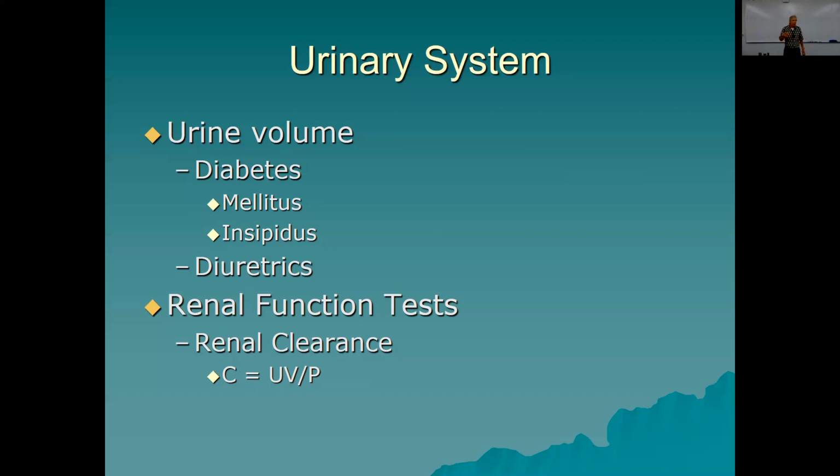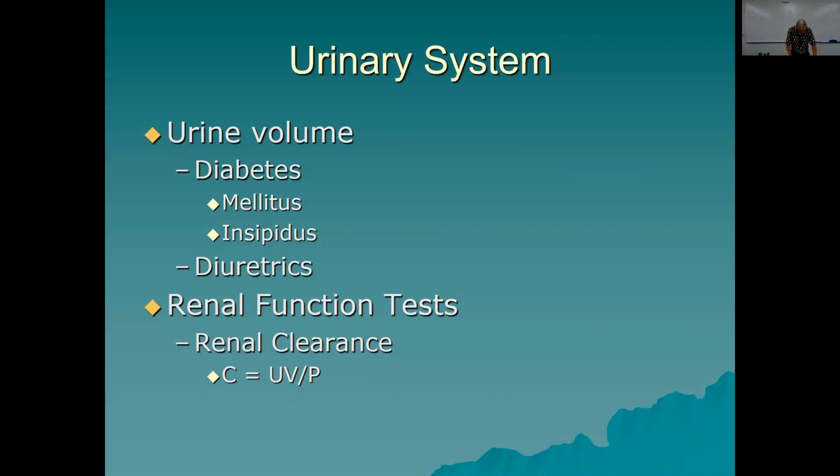The best way is to inject this stuff called inulin into a vein. Inulin is a carbohydrate that's not reabsorbed, not secreted, and it's completely filterable at the glomerulus. So it ends up in the urine in the same concentration it is in the plasma, and therefore it is a glomerular filtration rate. And glomerular filtration rate, remember, is milliliters per minute.